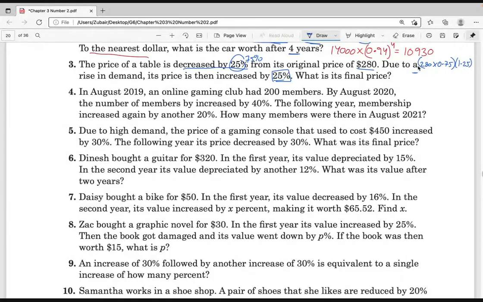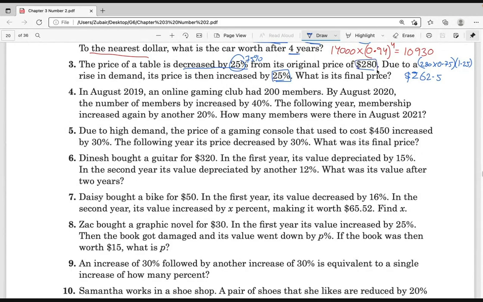Any confusion in this 0.25 and 1.25? No, sir. So the new price becomes 262.5. Get it cleared that it decreased 25%, then increased 25%.